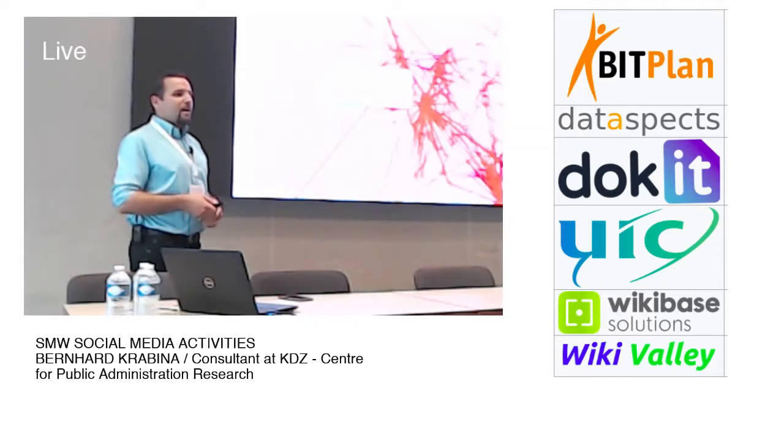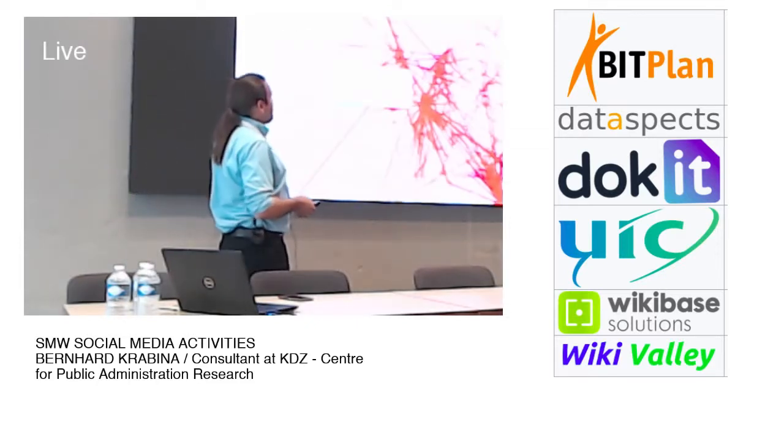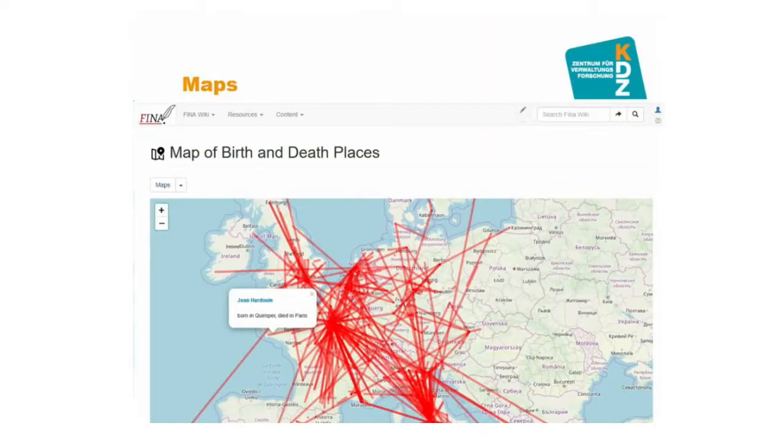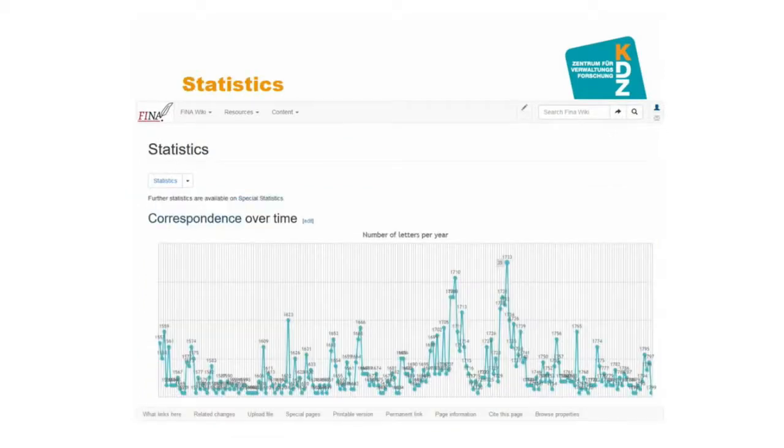There are also other maps that are not filterable, that use the maps extension that display the birth and death places of all persons mentioned there. Also a nice interface. And you can show some statistics, the number of letters per year. You can see in 1733 there are 35 letters now recorded, so that's the peak.